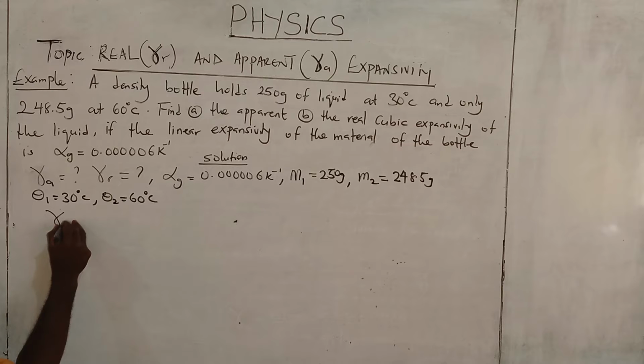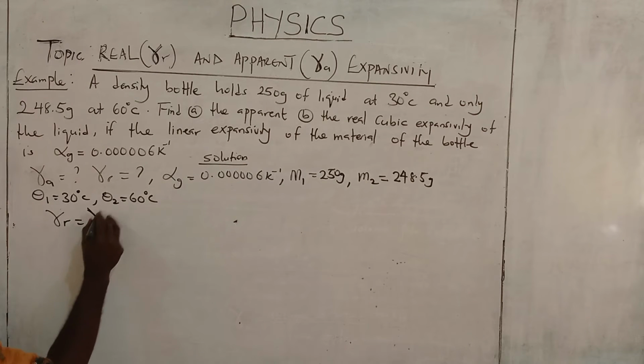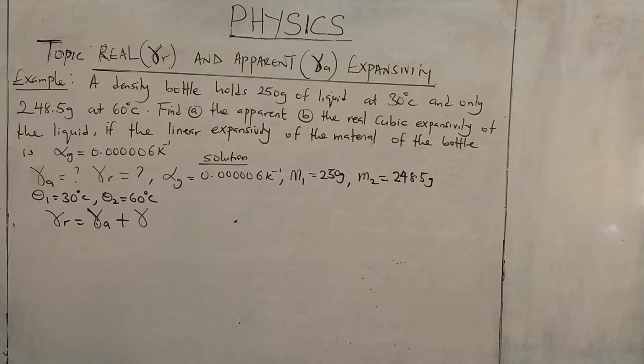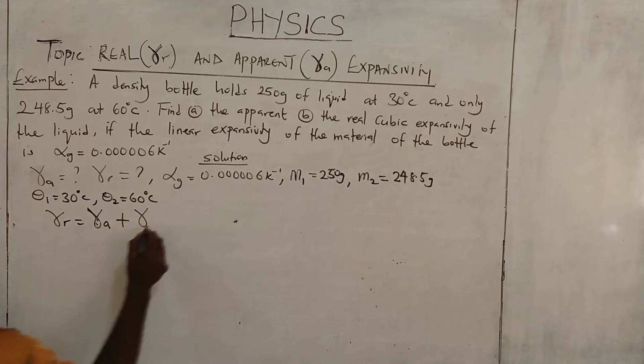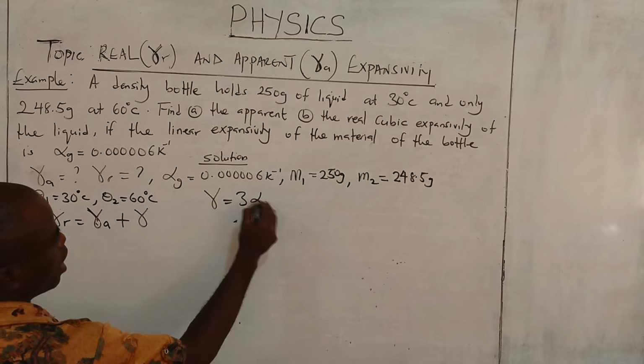Now, we need to know the formula to relate them together, to get the real cubic expansivity, which is this. We have apparent cubic expansivity plus cubic expansivity, and don't forget that gamma, the cubic expansivity, equals 3 alpha.